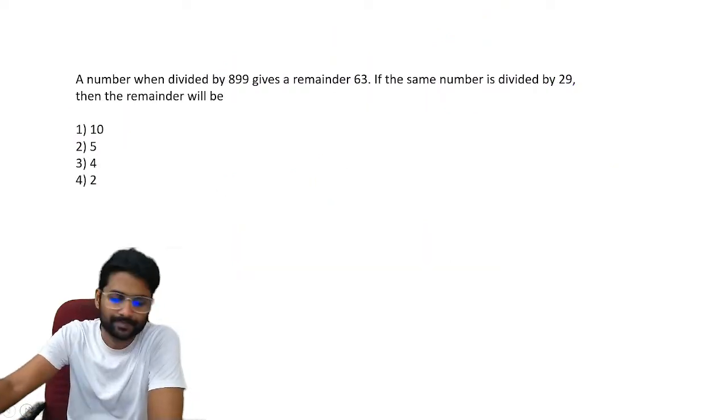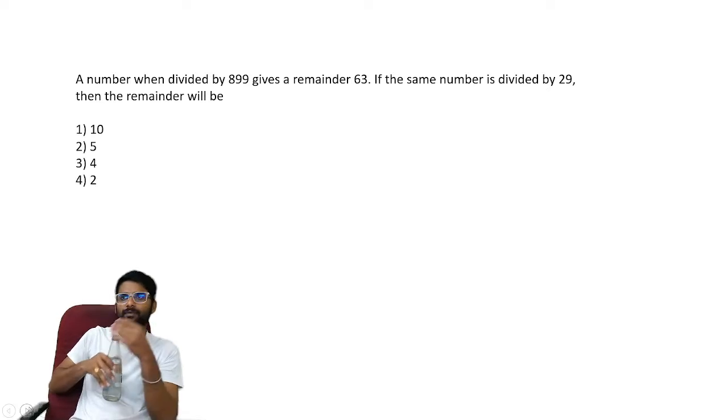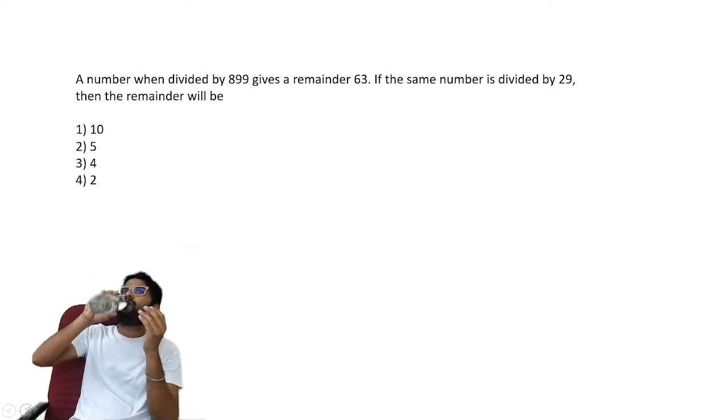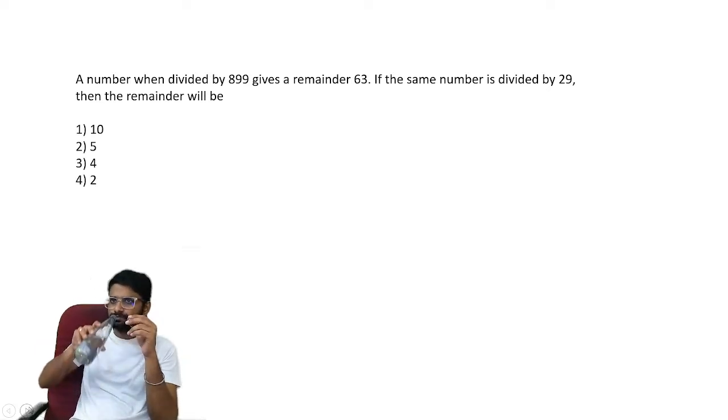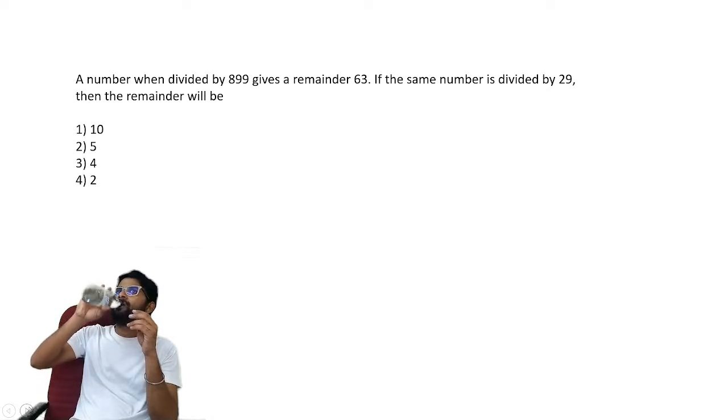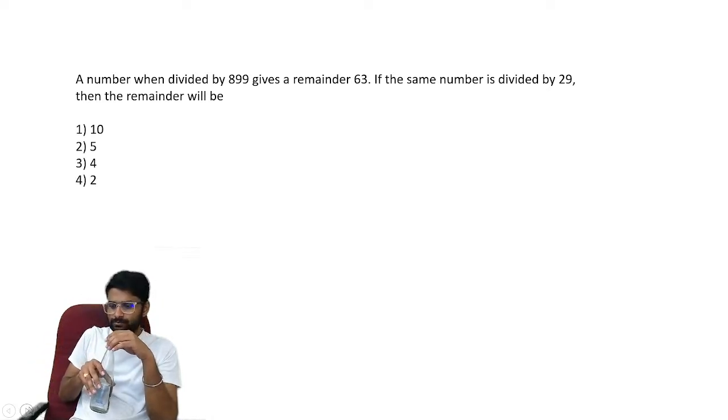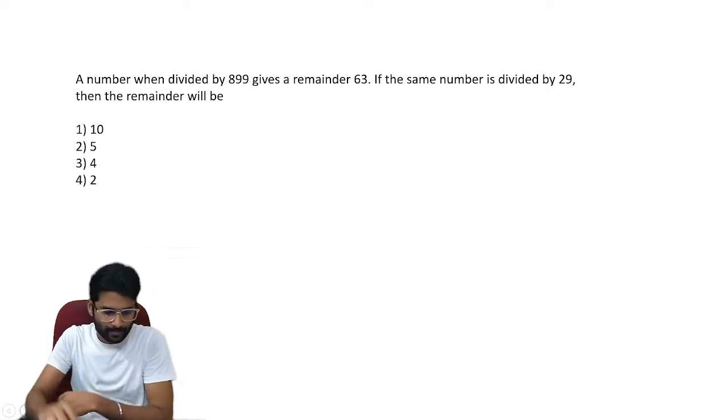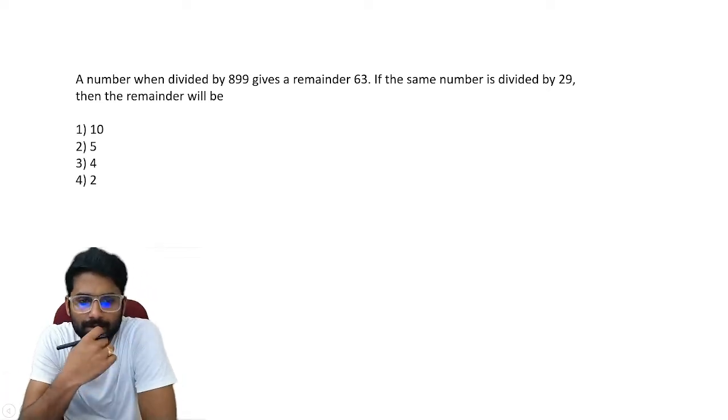Next. Answer this question. See, a number when divided by 899 gives remainder 63.